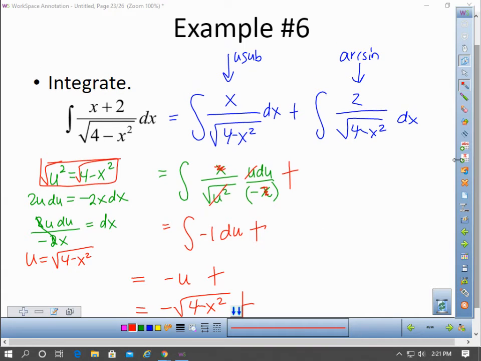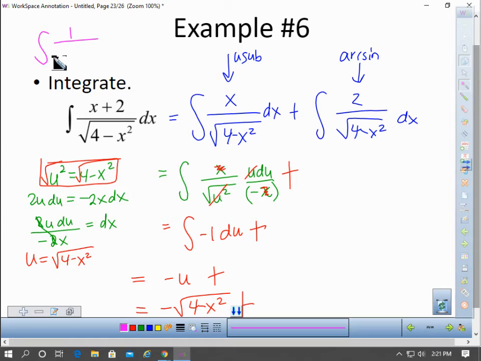So now I've got to think about the arc sine part. For that, I'll use pink. With arc sine, let's think about the rule. Over here, I'm going to write down the rule for arc sine.